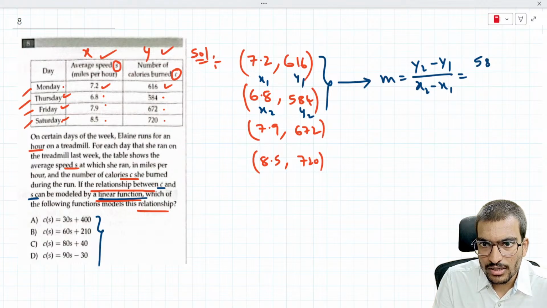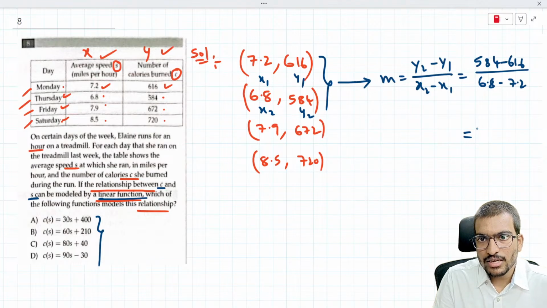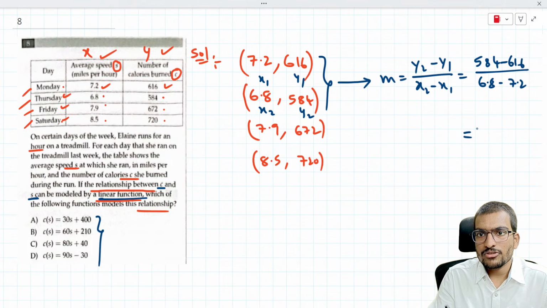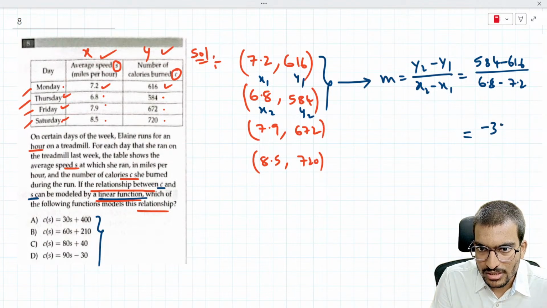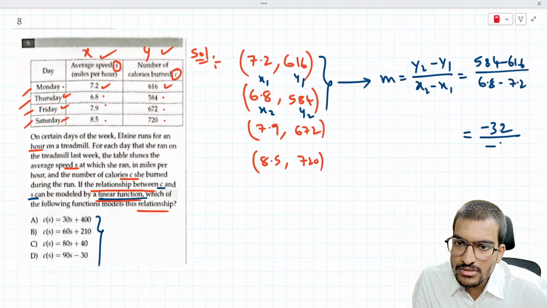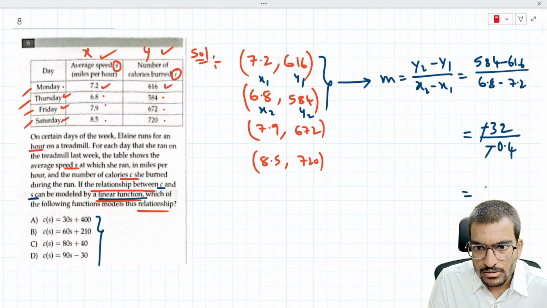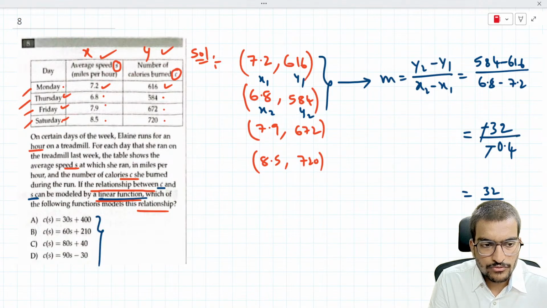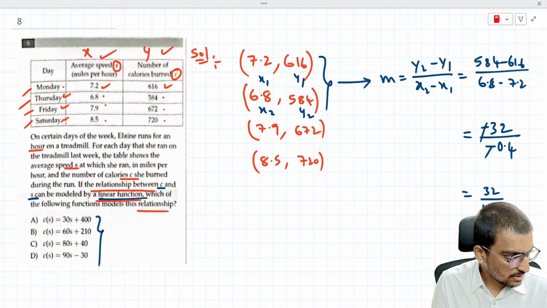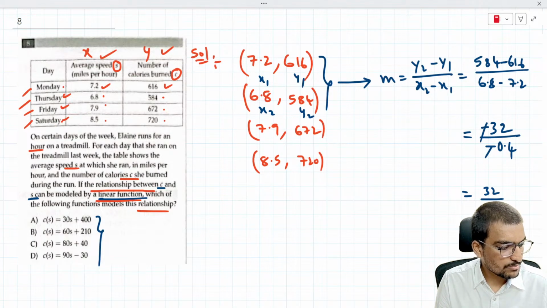So 584 minus 616 divided by 6.8 minus 7.2. 584 minus 616 is negative 32, divided by 7.2 minus 6.8, which is 0.4, negative. So that's going to be 32 divided by 0.4. Did you get the same thing? But we still have not solved the complete slope.